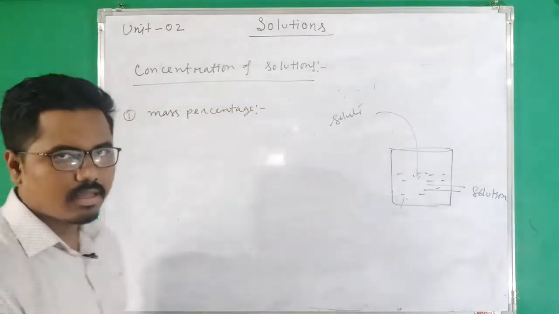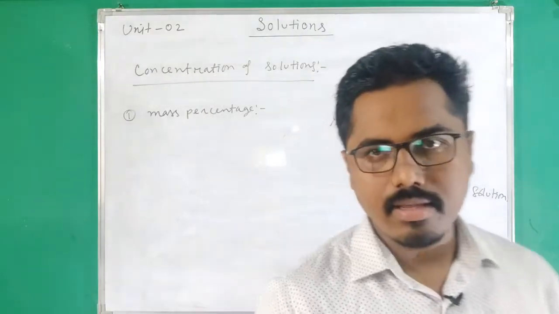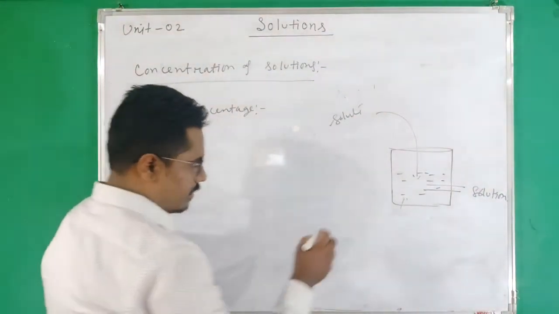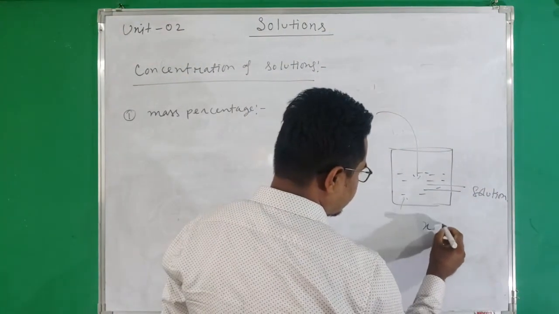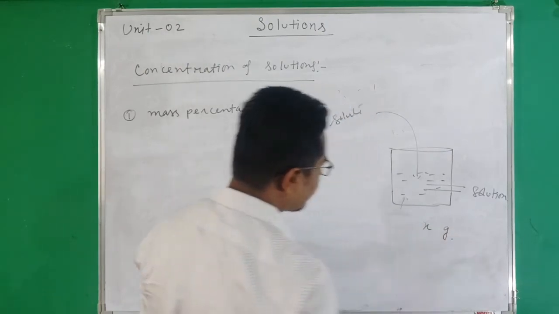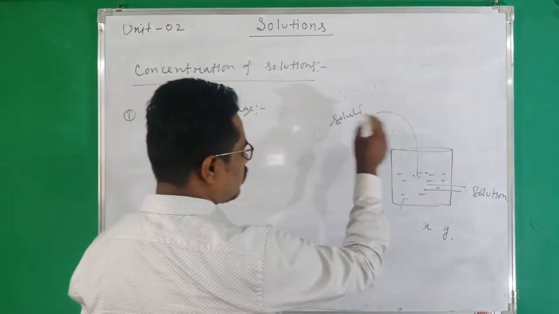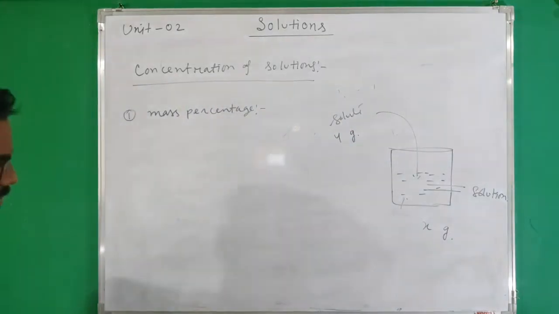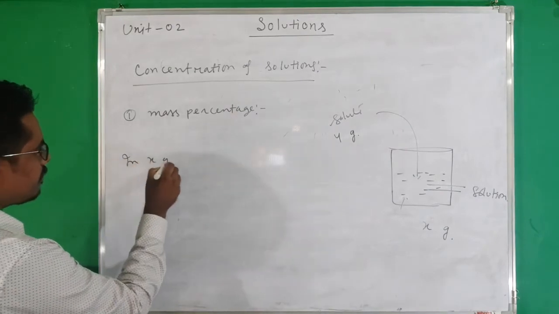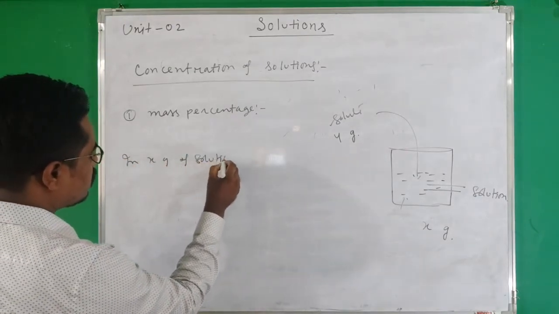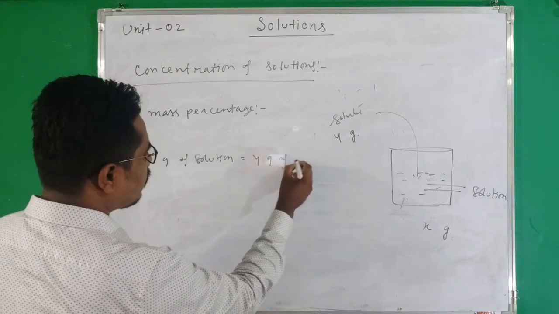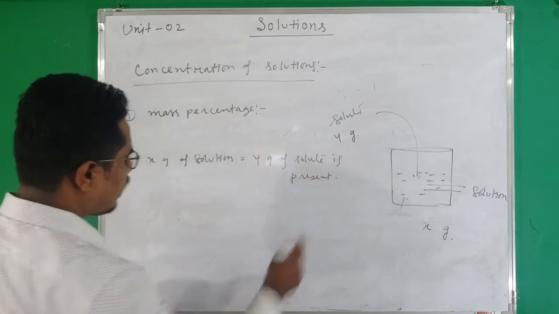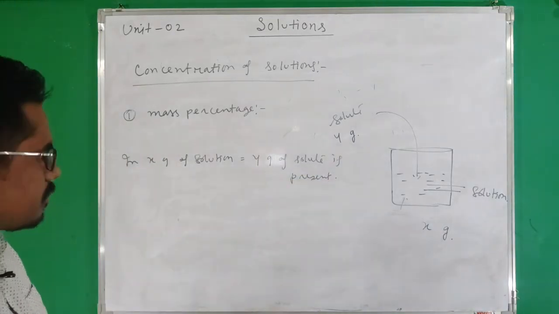You already studied this topic in class 11, mass percentage. Suppose the mass of the solution is x gram and the mass of solute we added is y gram. We have seen that in x gram of solution, y gram of solute is present.